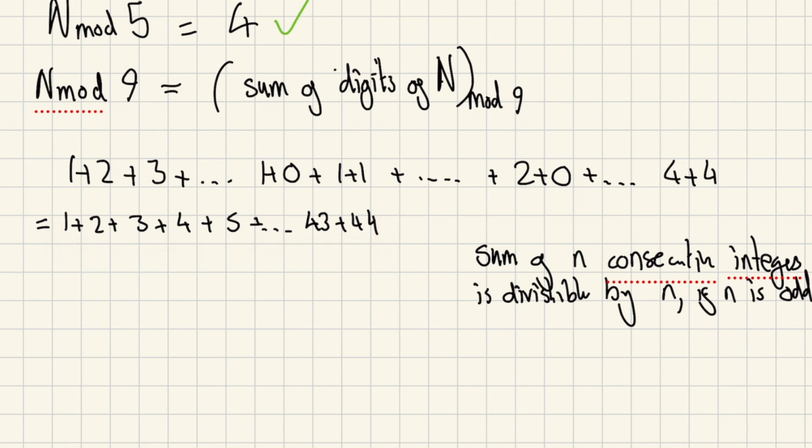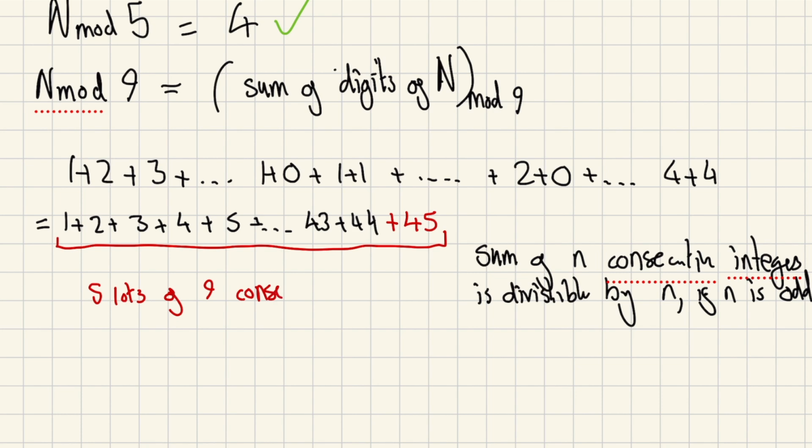We are going to add on 45 to this. Now we have 5 lots of 9 consecutive integers. Because of this, we know that the sum must be divisible by 9. Now, what about that last number that I added?